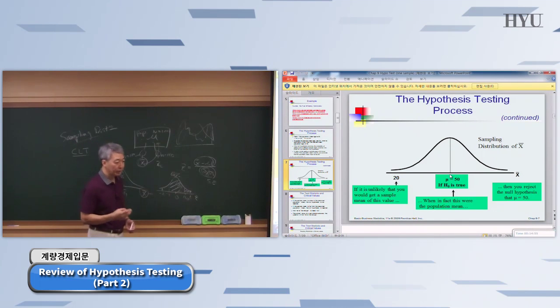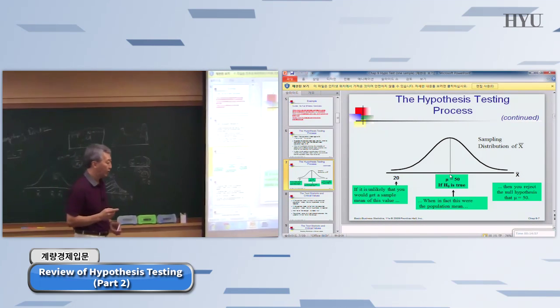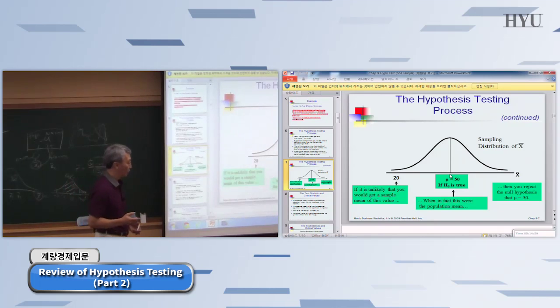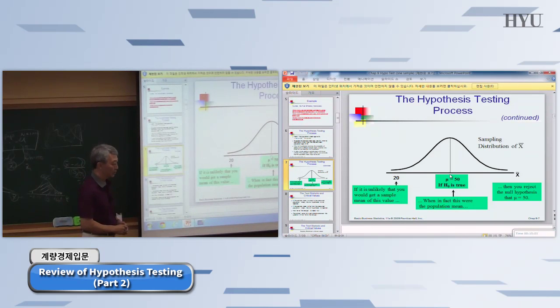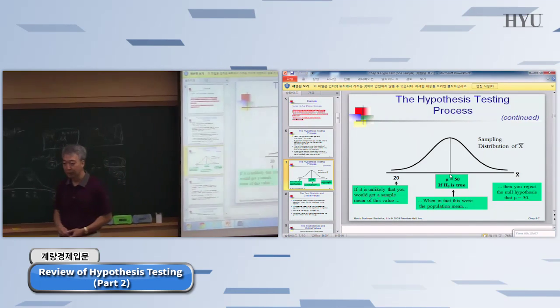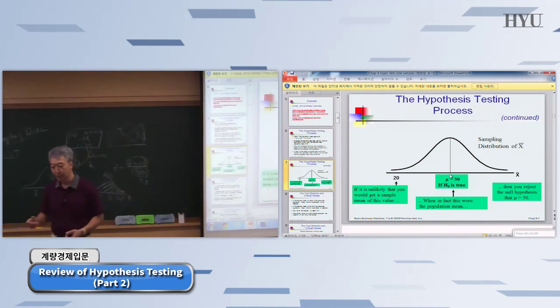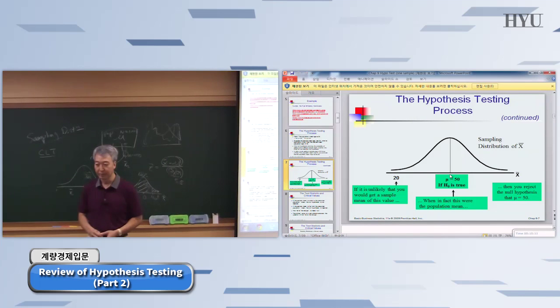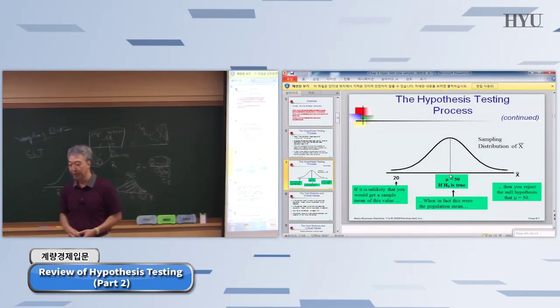So there are two possibilities. One possibility is if the sample is good, then the null hypothesis is not true. It is incorrect, right? The second possibility is the null hypothesis is still true, but somehow you selected a bad sample. What do we mean by a bad sample?